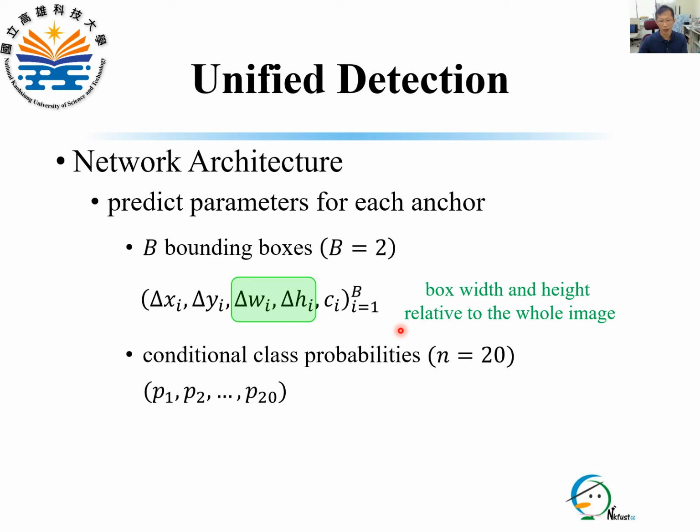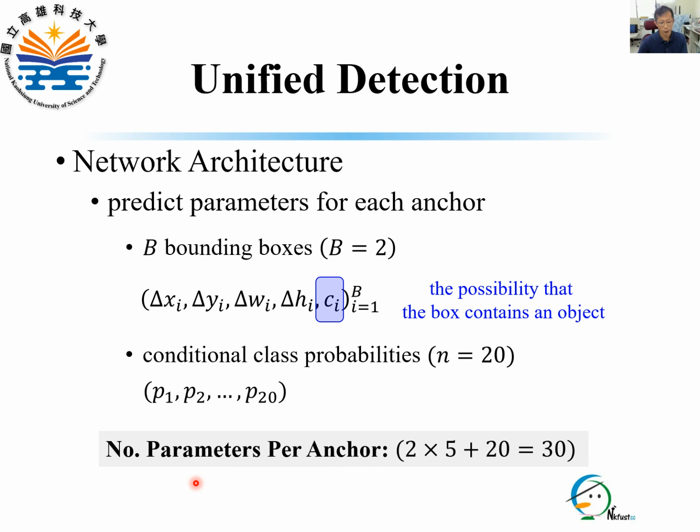Delta w, delta h are the width and height relative to the whole image. Besides, YOLO v1 also predicts a parameter called the object confidence C to denote the possibility of whether the box contains an object or not. For determined object class, YOLO v1 predicts a conditional class probabilities for each object class. Since YOLO v1 is designed to detect 20 object classes, it predicts 20 parameters, respectively for the 20 object classes.